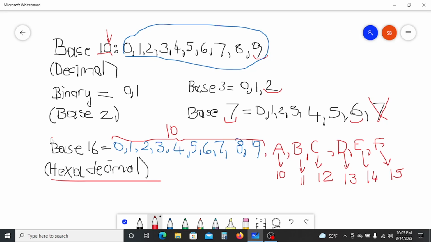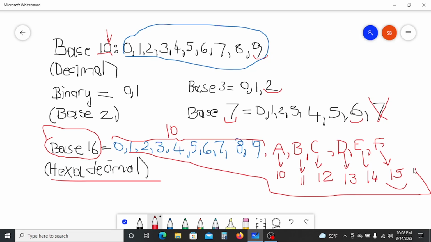You might ask a question. Yes, this is base 16, so the total should be 16. Why do we stop at 15? If you count from 1 through 15, there are 15 numbers, including the alphabet. Plus 0, that makes 16.